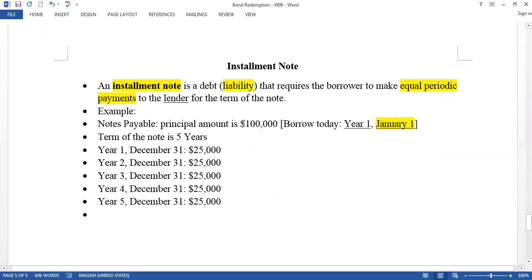So you borrow money $100,000, but this is our equal installment.